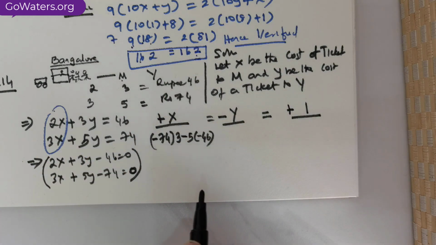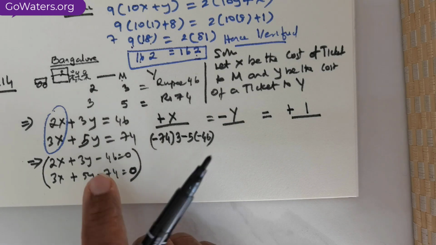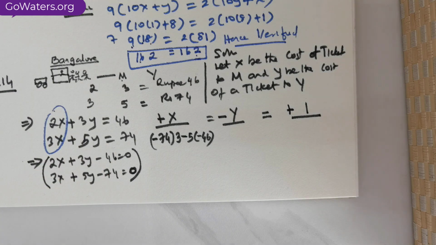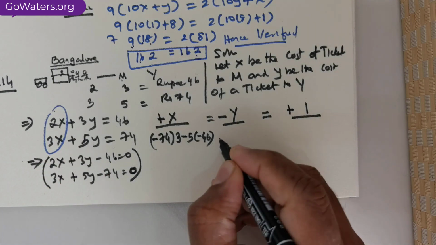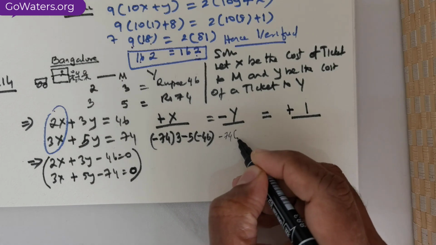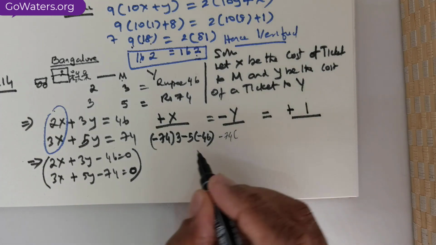For filling up the value of y, drop this column and multiply negative 74 with 2. Since I don't have space, I will have to restrict my ink size.